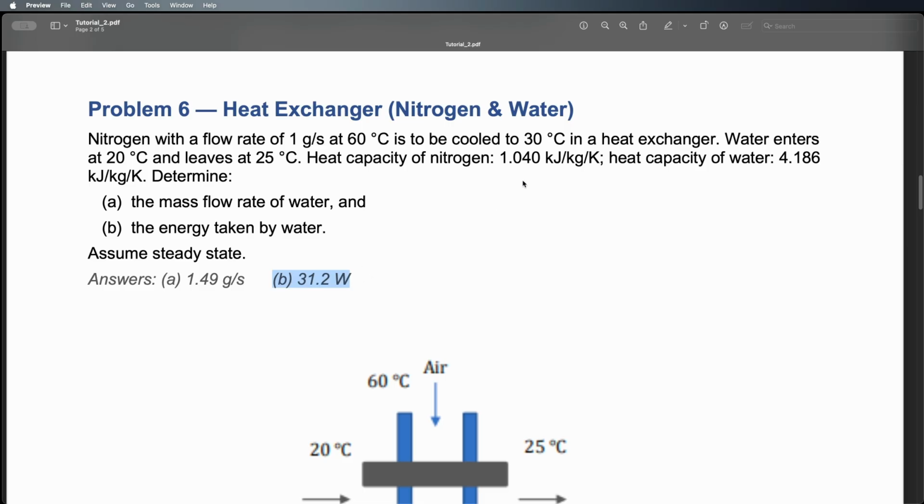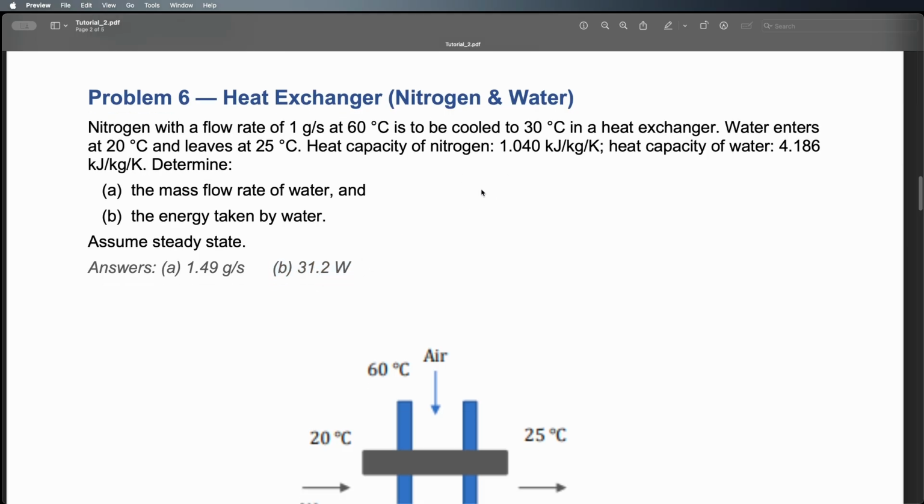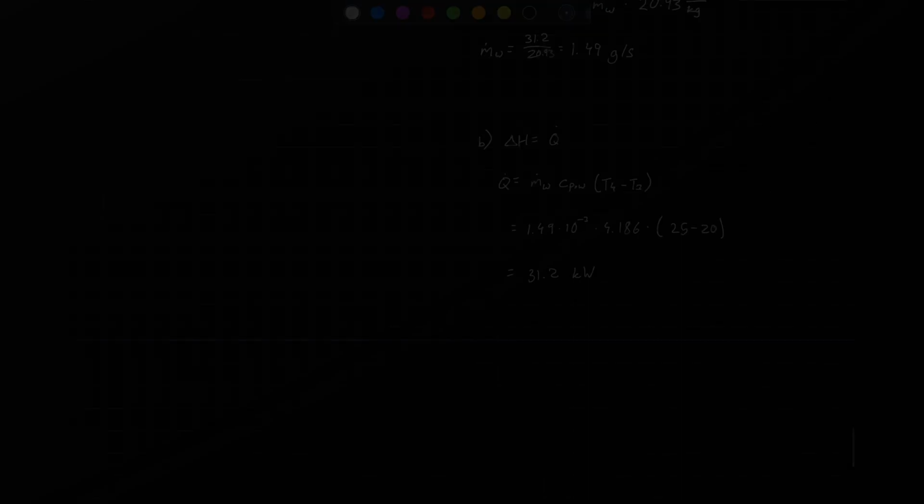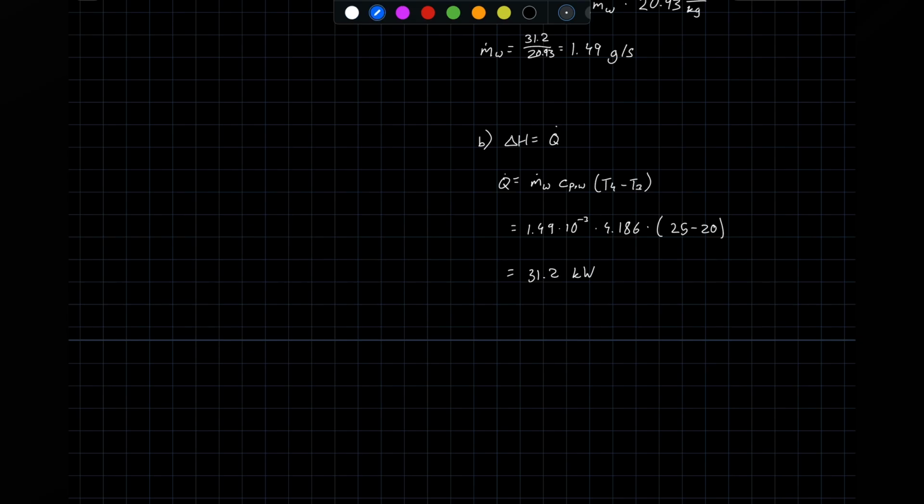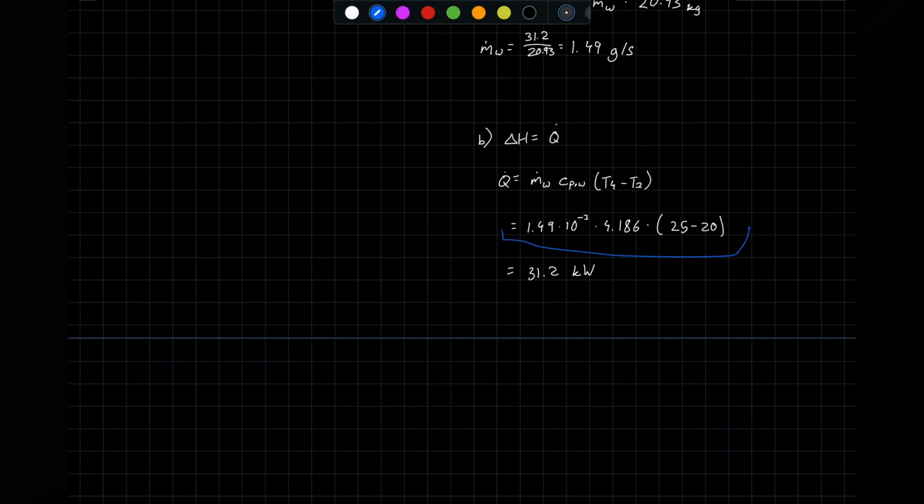Well, the reason for that is because we were given the specific heat capacities in kilojoules, not joules. If you work with the units over here, so if we take this blue section and we actually write down our units, we have kilograms per second being multiplied by kilojoules per kilogram times Kelvin being multiplied by Kelvin.